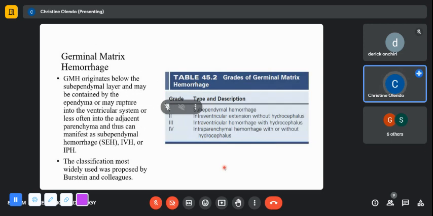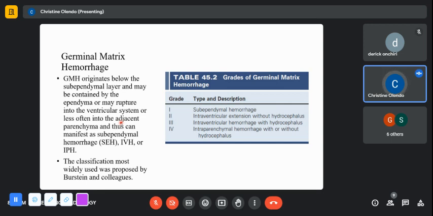So there's a classification for the germinal matrix hemorrhage. You may have subependymal hemorrhage, which is classified as grade 1. You can have intraventricular extension with or without hydrocephalus. If it's without hydrocephalus, that is grade 2.